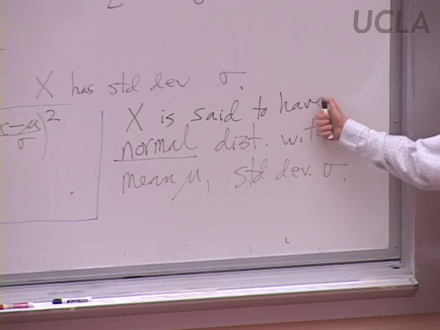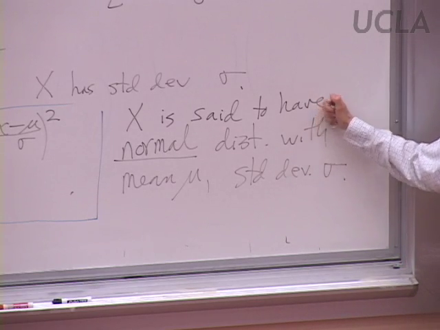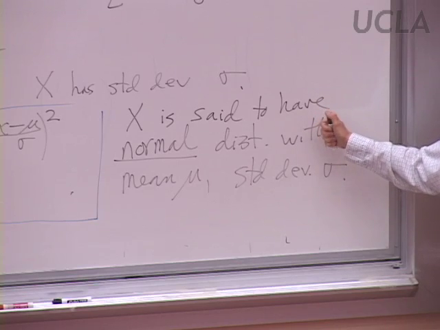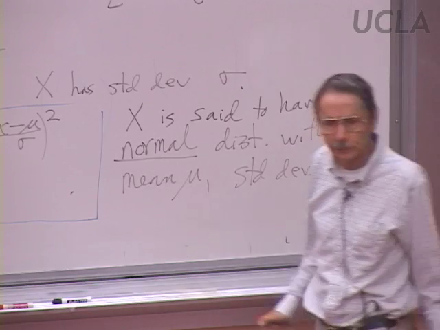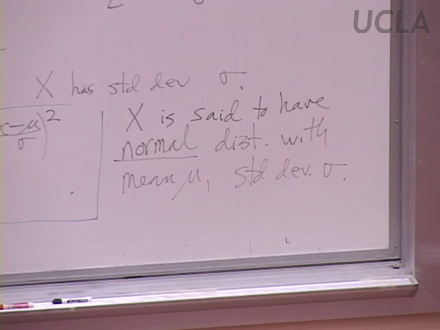Well, so we've branched out. We're not just looking at the standard normal distribution where the mean is 0 and the standard deviation is 1. We're looking at normal distributions with other means and other standard deviations.